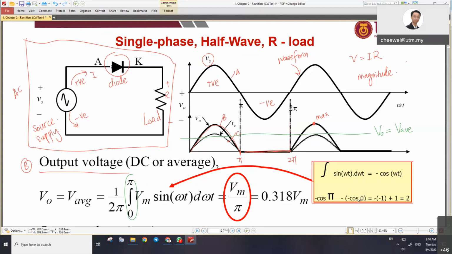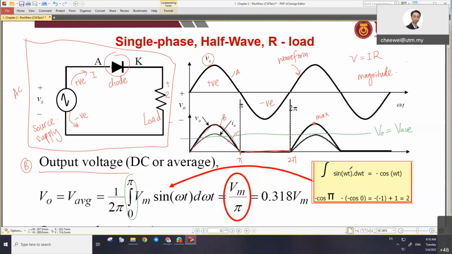Cos 0 is 1. Sure? Okay. If you're not sure, go back and find your mathematics. You learned that in where? Statistics? I'm not sure. But make sure you know what the sine and cos values are here. Sine theta is what? Sine pi is what? Sine 0 is what? Cos 0 is what?